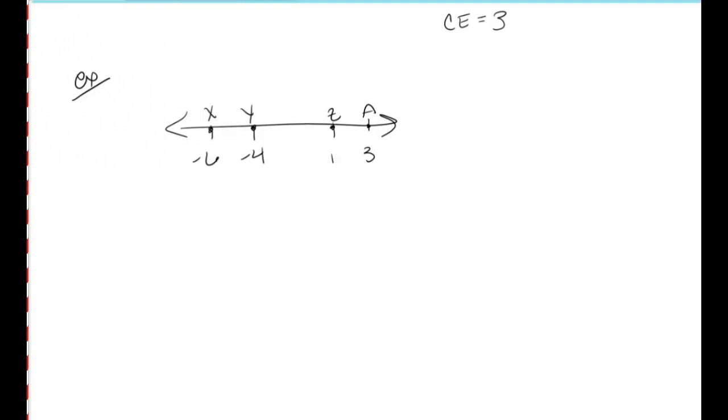Like they might ask you, is segment XY the same as segment ZA? So do they have the same length? Well, XY has a length of 2 and ZA has a length of 2. So in this case, yes, they are equal.